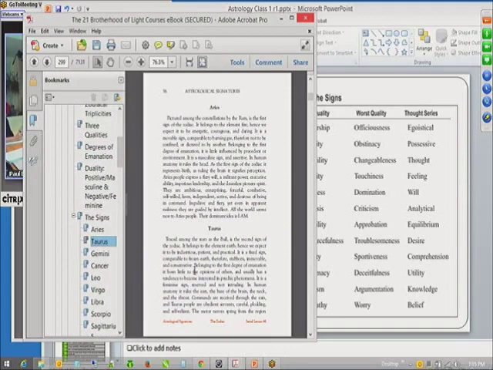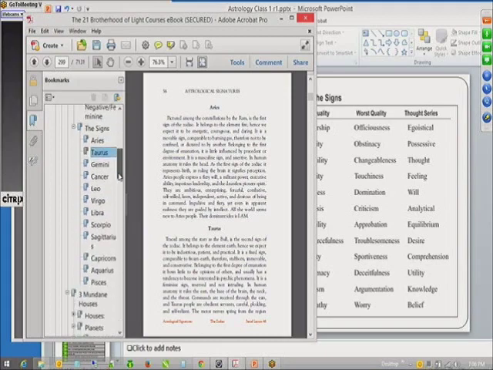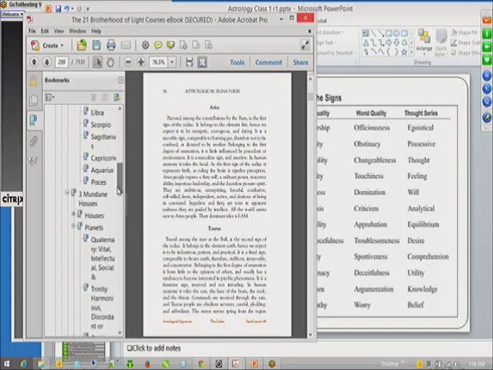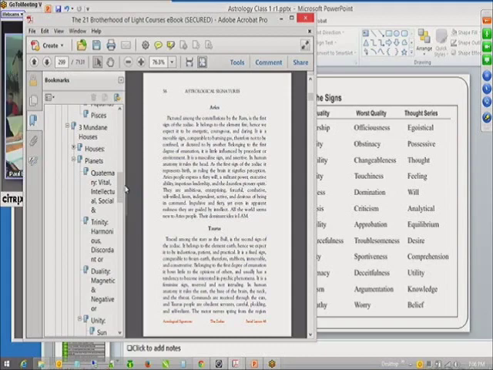There's no fluff in there. He does the same thing with the planets, and this is in the Course 2, Astrological Signatures, in the mundane houses, and this gives you a tremendous background.